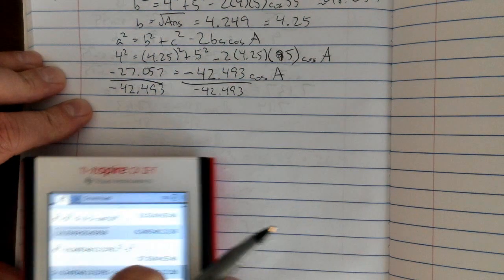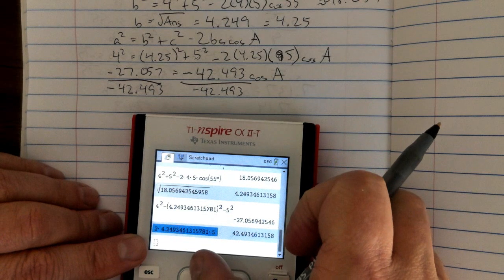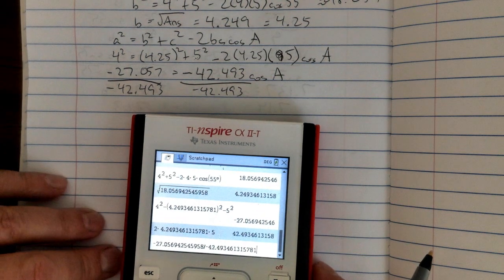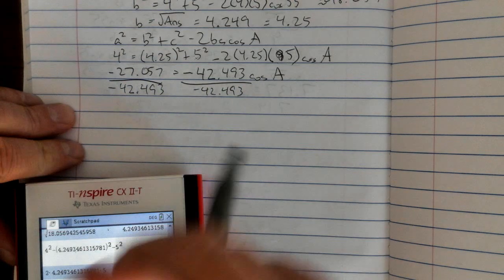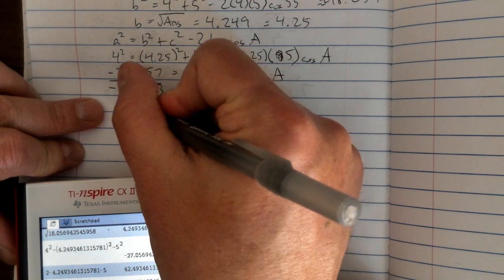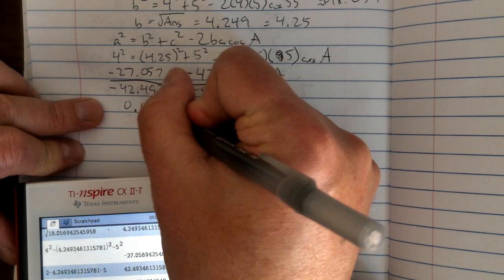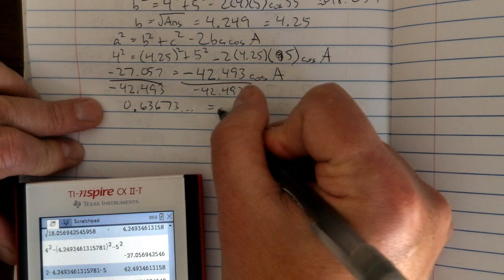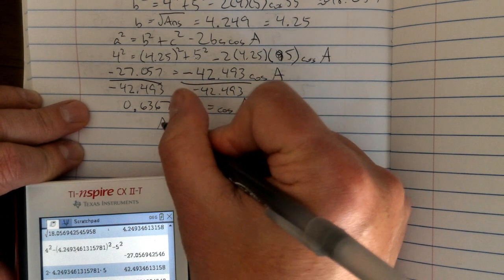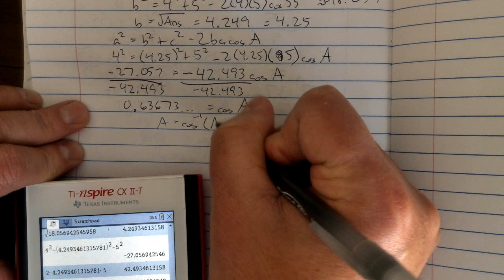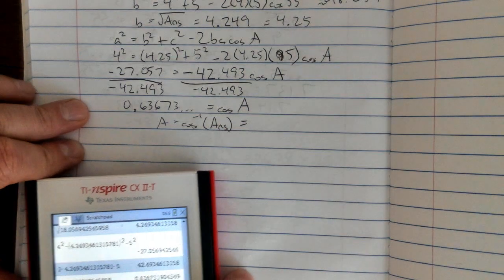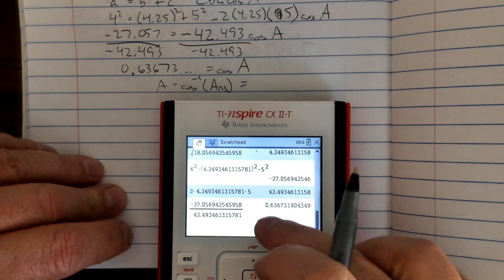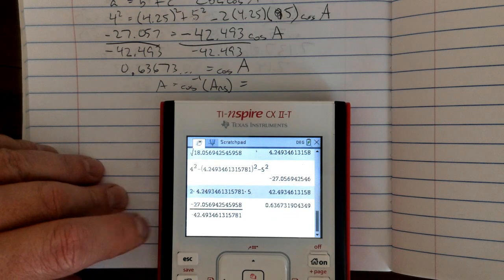Two negatives cancel and you get a positive. So this one divided by a negative of this one gives you 0.63673 something. And so A is inverse cosine of your answer. Again, we're in degree mode, so this number had to be between -1 and 1.